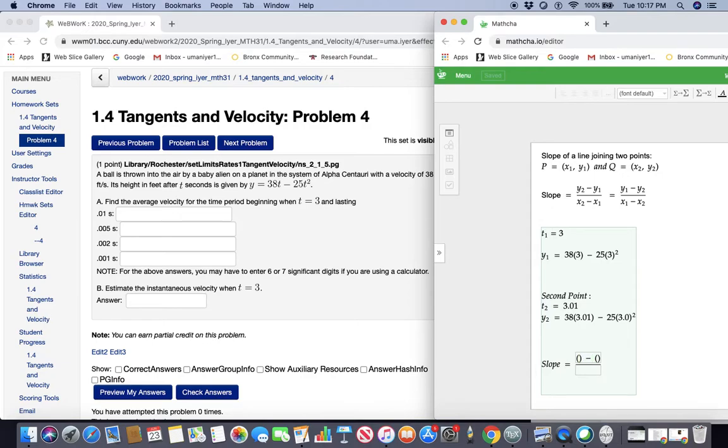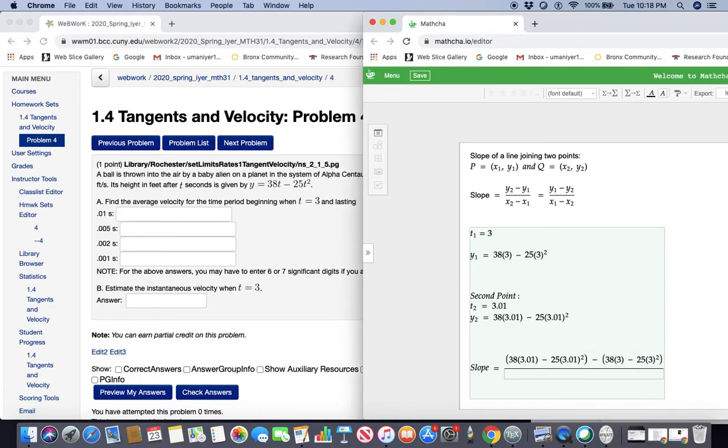So 38 times 3.01 minus 25 times 3.01 power 2, that's the y2. Now the y1 coordinate is 38 times 3 minus 25 times 3 power 2. The denominator is t2 minus t1, 3.01 minus 3.